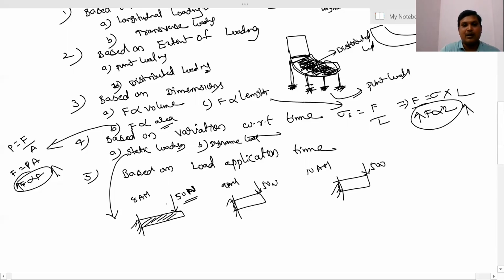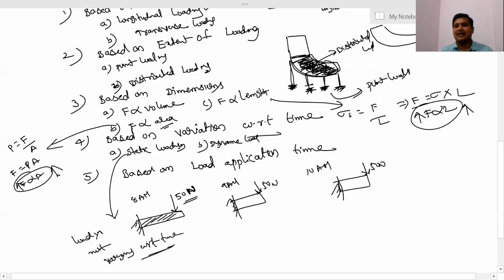So if you calculate that load after 9 a.m., after 10 a.m., or 11 a.m., after every period of 1 hour, that load is the same. That is called static loading. It means the load is not varying with respect to time.